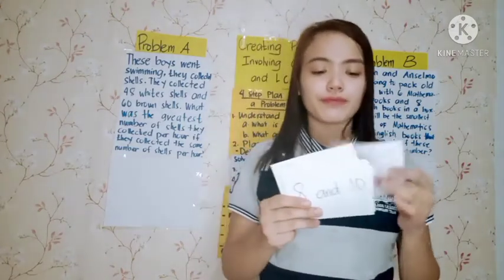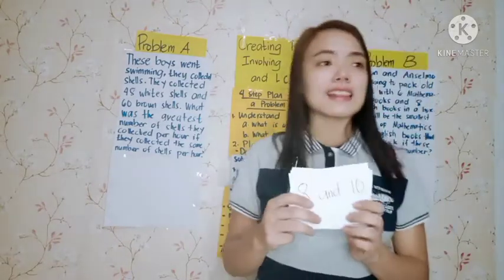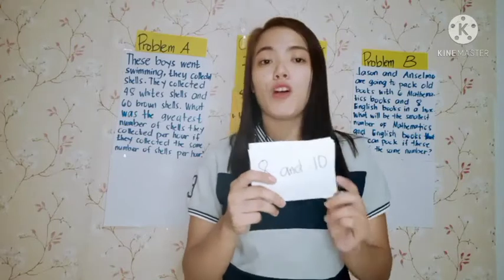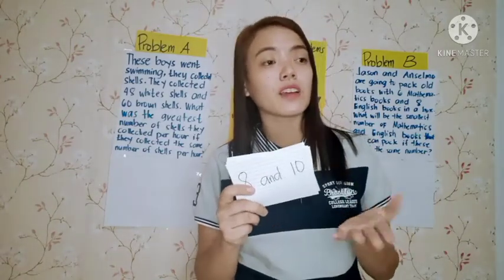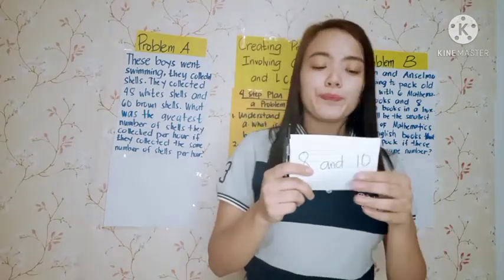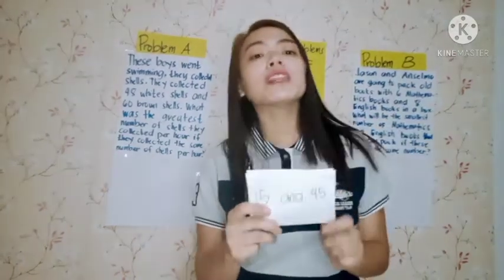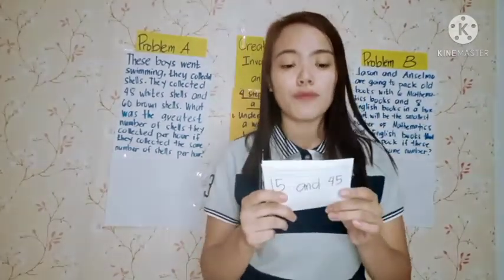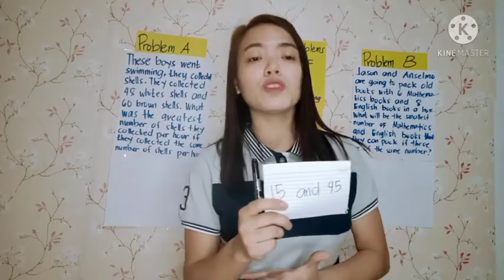Another one, 8 and 10. What is the greatest common factor of 8 and 10? Yes, 2. Another one, 15 and 45. What is the greatest common factor of 15 and 45? Anyone who wants to answer?